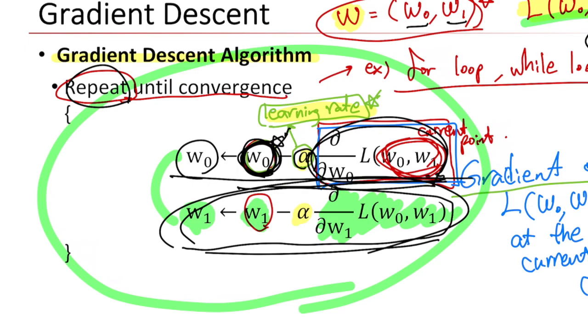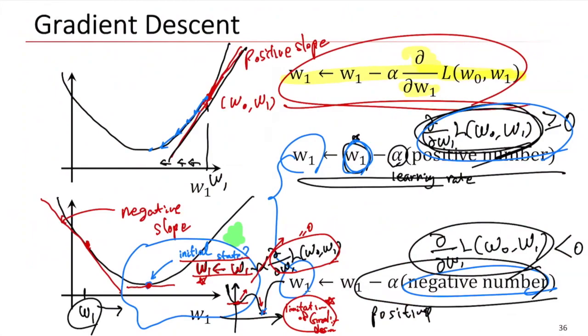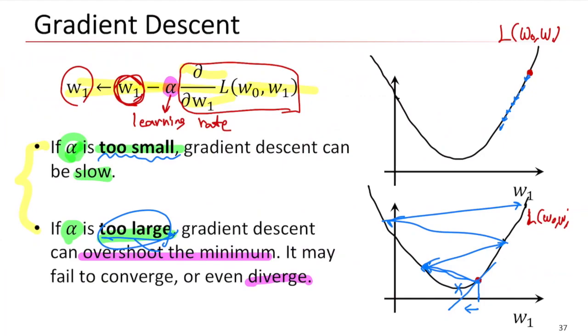We also introduced the learning rate. The learning rate means the magnitude of the step when we move in the gradient direction. So yeah, that was the intuition of gradient descent. This page shows the importance of the magnitude of the learning rate.